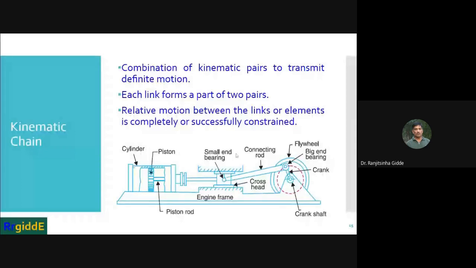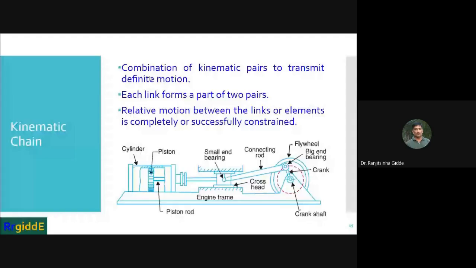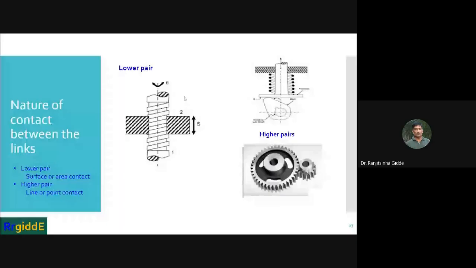So what is a kinematic chain? A combination of kinematic pairs to transmit definite motion. So what is a kinematic pair? These are the kinematic pairs.